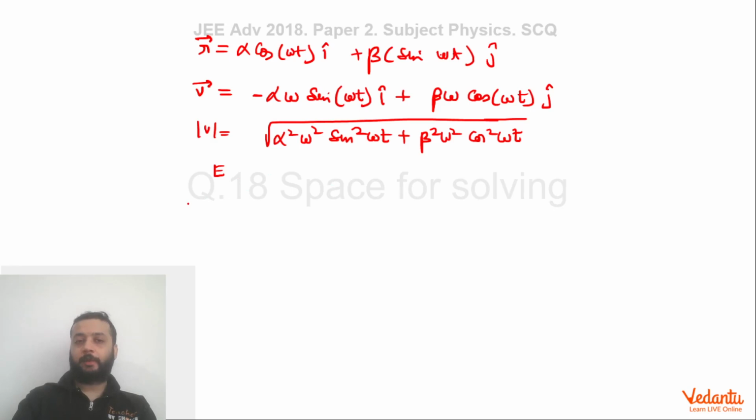Now let's try to talk about angular momentum. L will be m into r cross velocity.